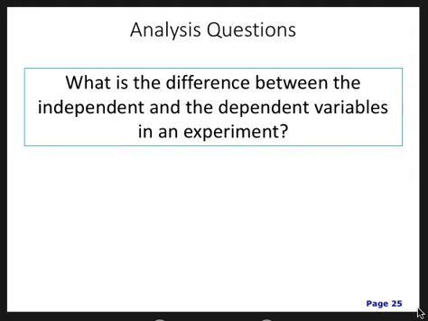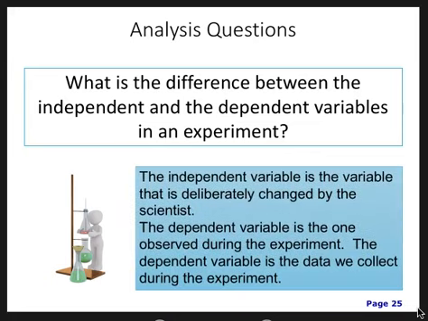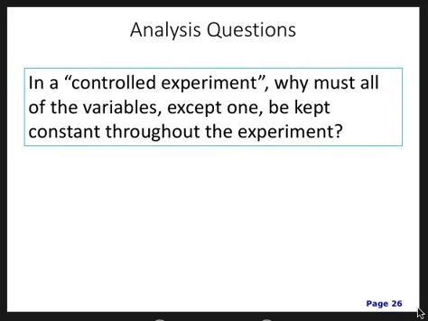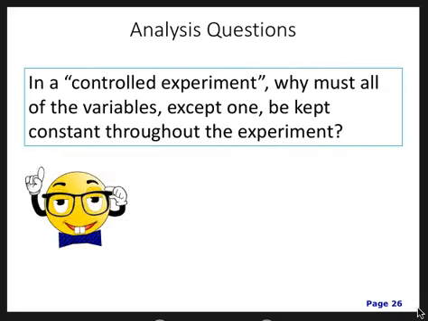When you graph these, the independent variable is going to be on the x-axis, and the dependent variable is going to be on the y-axis. Just remember those definitions. Remember why we have to keep one variable, only one changes and everybody else stays the same.